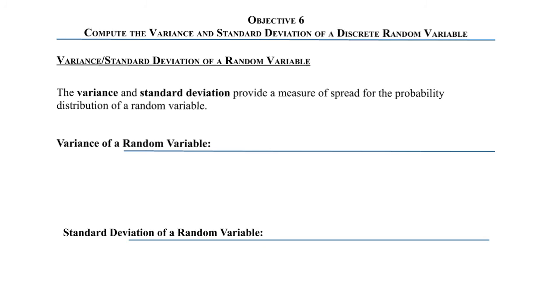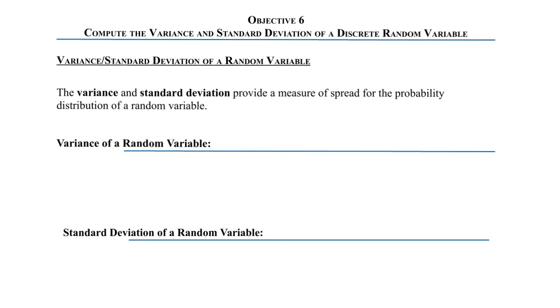Objective 6. Compute the variance and standard deviation of a discrete random variable. The variance and standard deviation are measures of spread. The variance and standard deviation of a random variable measure the spread in the probability distribution of the random variable.